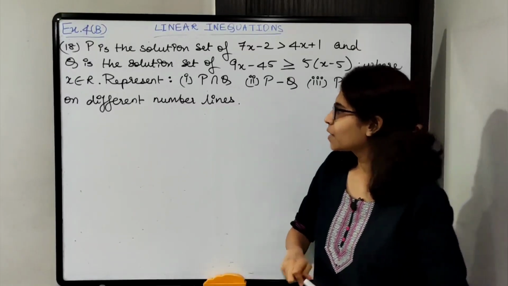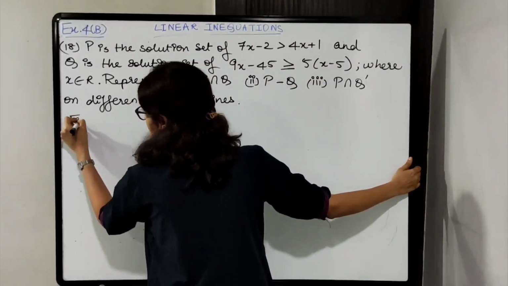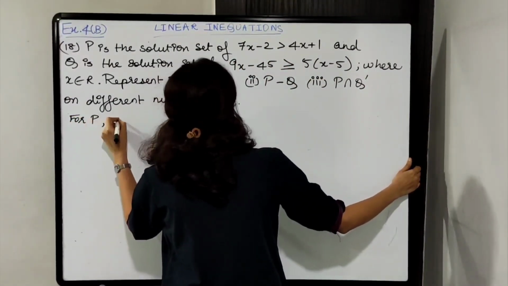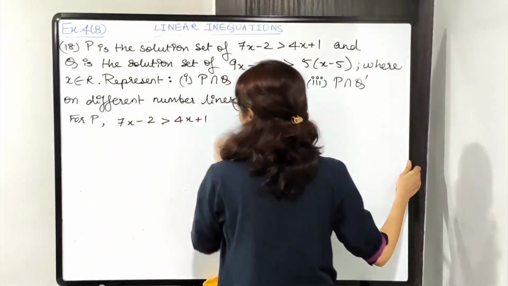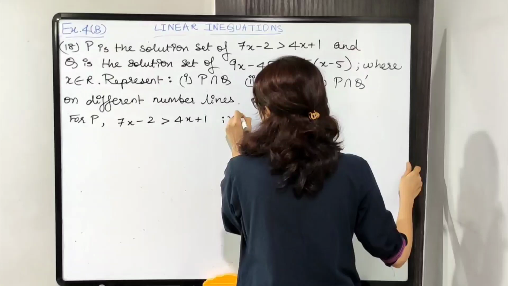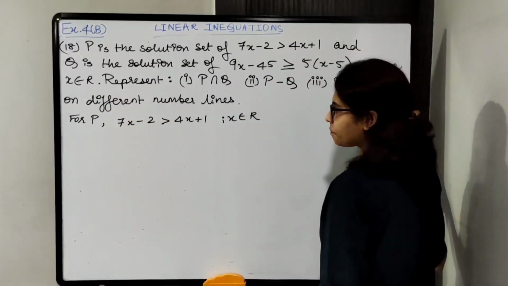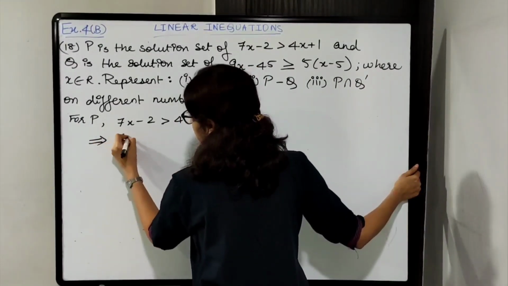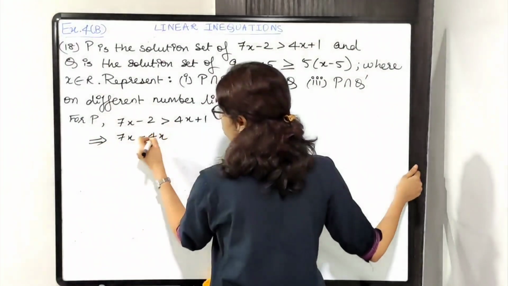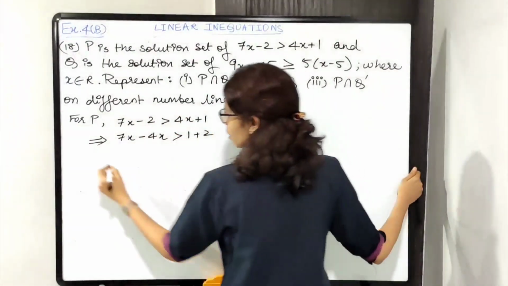All right. So P के लिए ये है. Okay. So we'll write down for P: 7x minus 2 is greater than 4x plus 1. And x belongs to the set of real numbers. It is given x belongs to R. Okay, we'll solve this. So 7x minus 4x हो जाएगा, shifting this over here, greater than 1 as it is, shifting 2 over here.